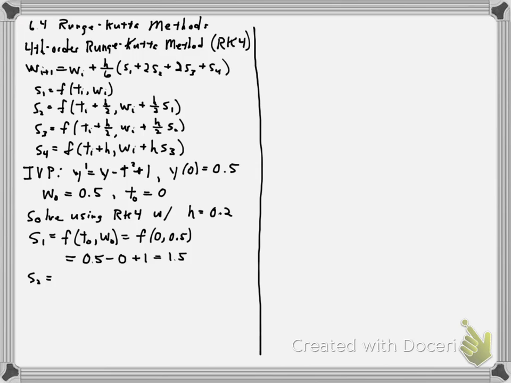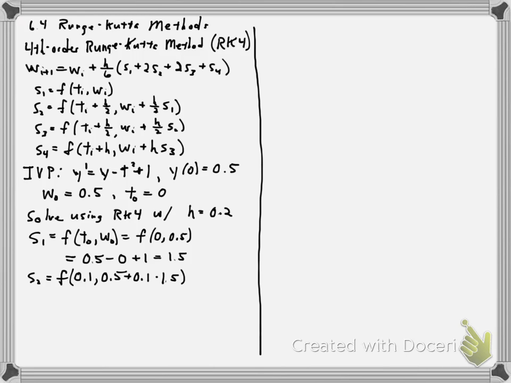Okay. So S2 is equal to, so now we have t sub 0 plus half of h. So we evaluate f at, and now we'll write in 0.1. And it is w sub 0, which is 0.5, plus h over 2, or 0.1, times S1, which is 1.5.